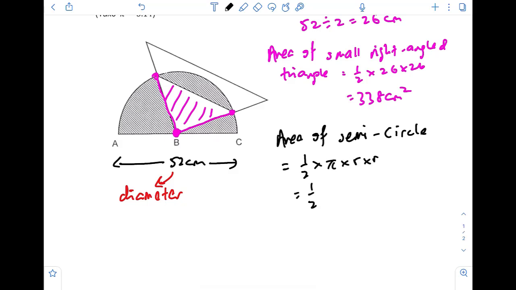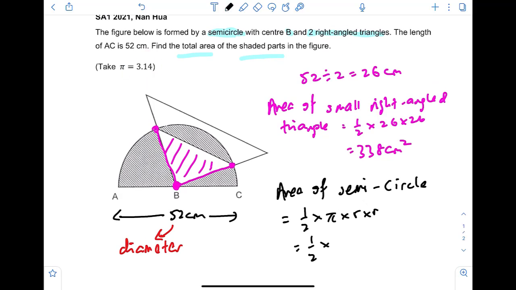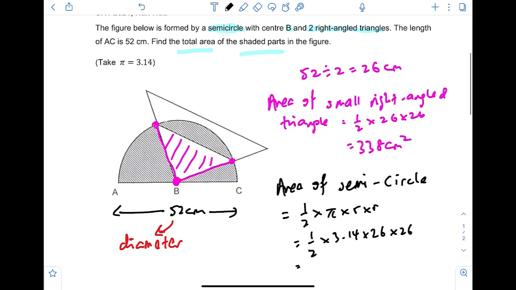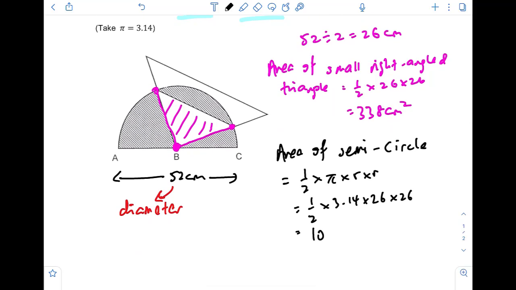So half times, I look at the question for pi, pi is 3.14, times the radius, 26 times 26, which gives us 1061.32 squared cm. And to find the shaded portion, we'll take the semicircle minus away the small right-angled triangle.